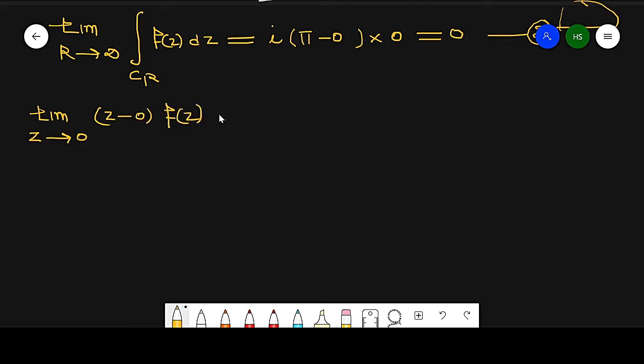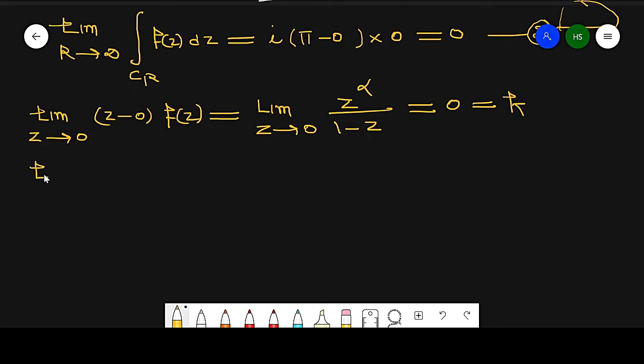So this is the same case. What is this? The limit as z approaches 0 of z raised to power alpha over 1 minus z. Again this value is 0. So this is a k, so these are k values. What is this?